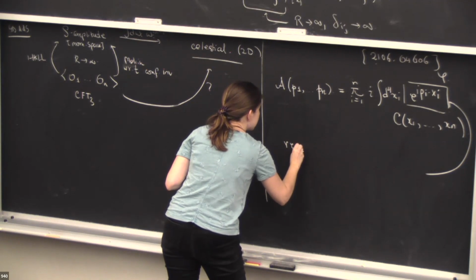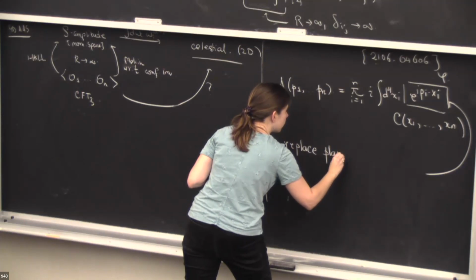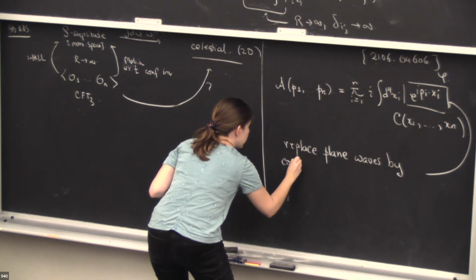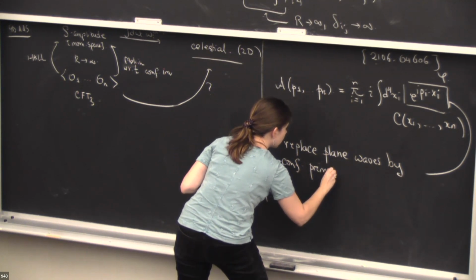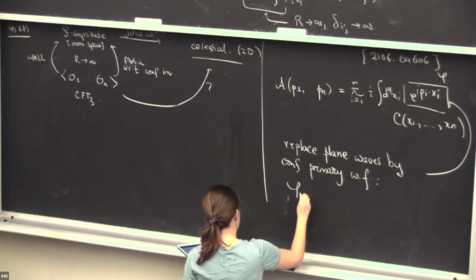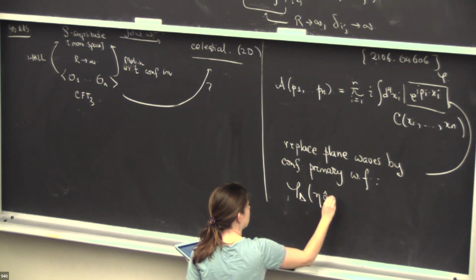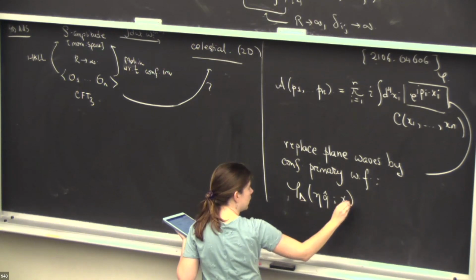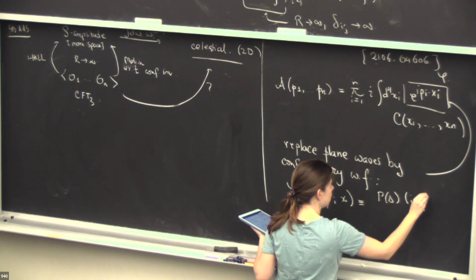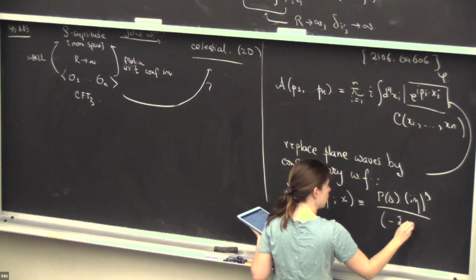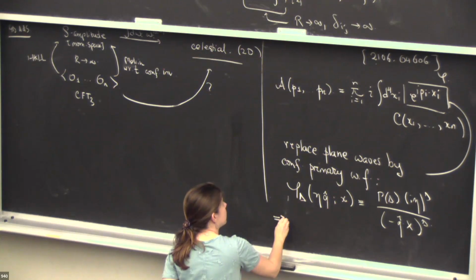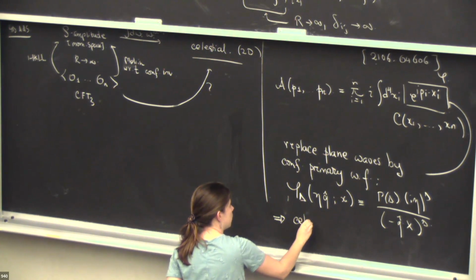So if one replaces the plane waves by conformal primary wave functions, and these take the following form, so they're still functions of these null momenta and of bulk points, something like this, then in that case, one obtains celestial amplitudes.